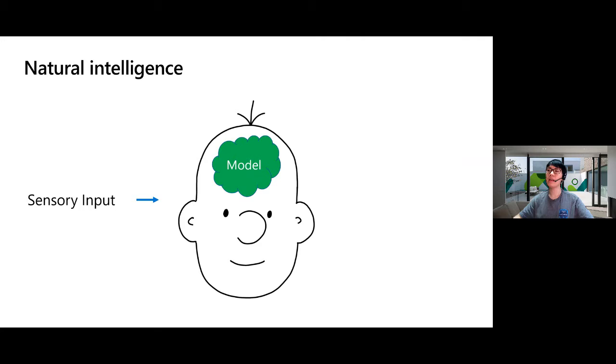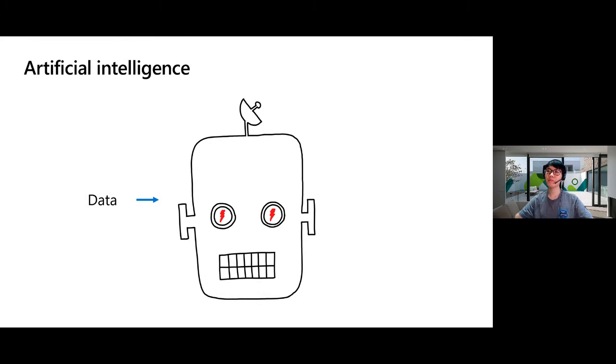That is our brain, which has been trained by both nature and nurture. We then respond to that input in what would be termed behavior. And with artificial intelligence, it's much the same. Setting aside the potentially scary robot drawing, we feed our computer data, our computer uses the model we built, and then provide us the answer.